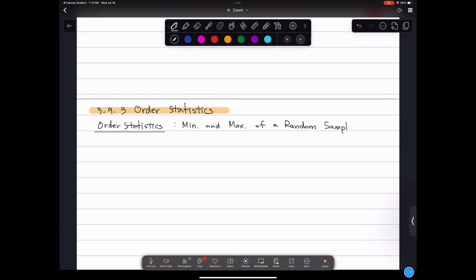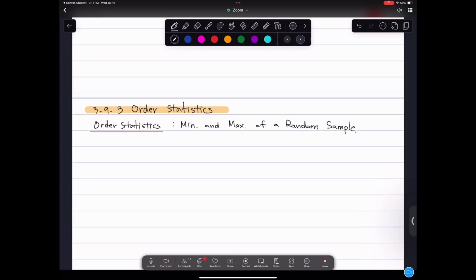So let me introduce what it means and how we typically write them. We have a random sample, a sample of size n selected from a population.